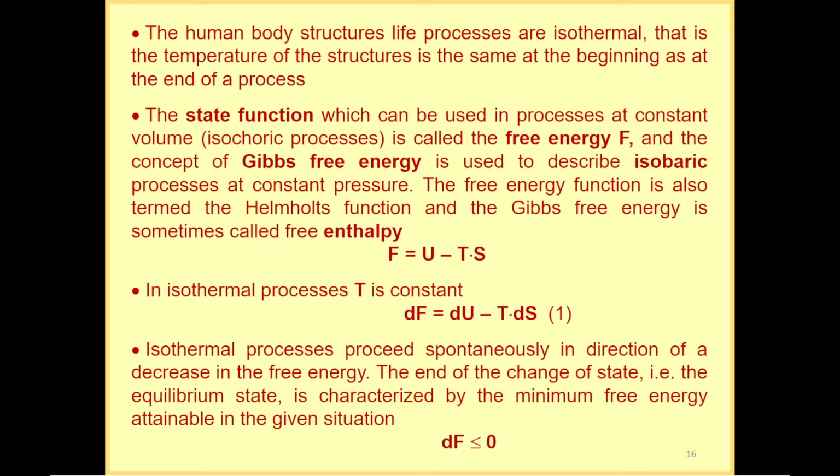Isothermal processes proceed spontaneously in the direction of a decrease in the free energy. The end of the change of state, that is, the equilibrium state, is characterized by the minimum free energy attainable in the given situation.